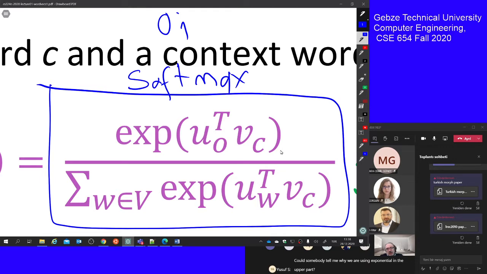Somebody explain to me why we are using exponential in the upper part. Okay, tell me the range of this multiplication. What could be the result of this multiplication? It is a scalar, right? What would be the smallest value and the largest value out of this multiplication?